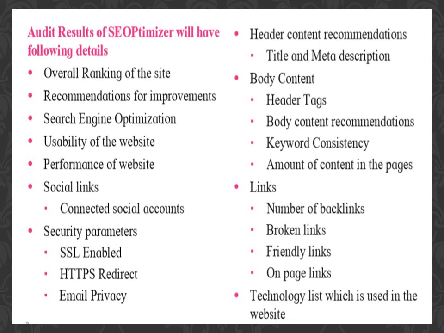And broken links: sometimes we use some web links, but due to an internet connection or any other problem, it doesn't give us a proper result, that's why we have these broken links. Then friendly links are user friendly links, and on page links means it gives the result on the same page.